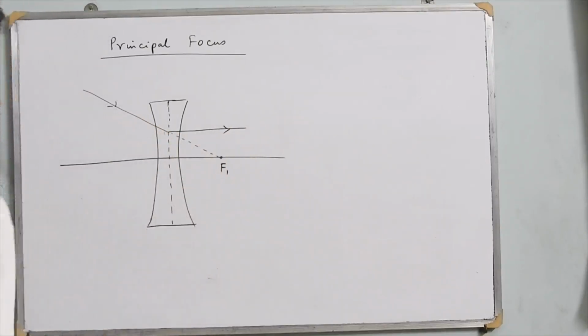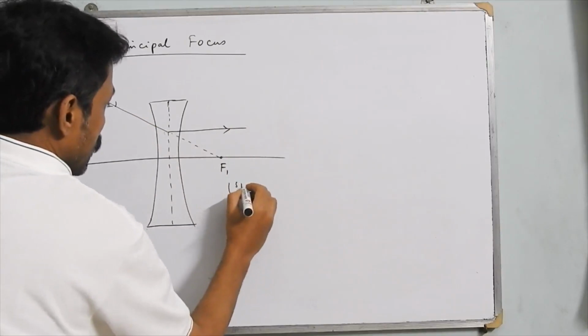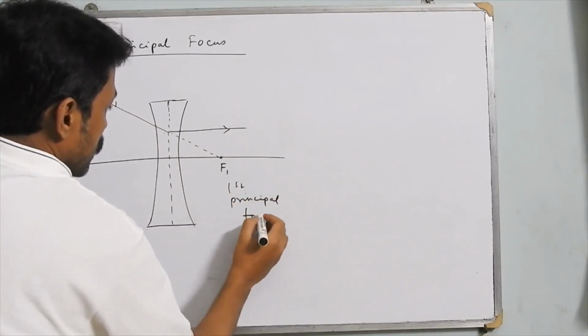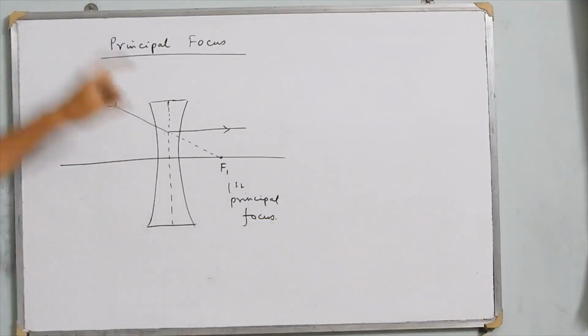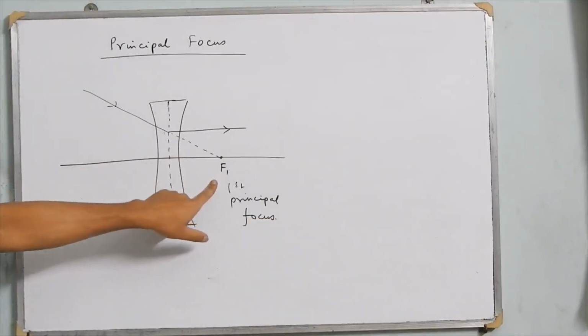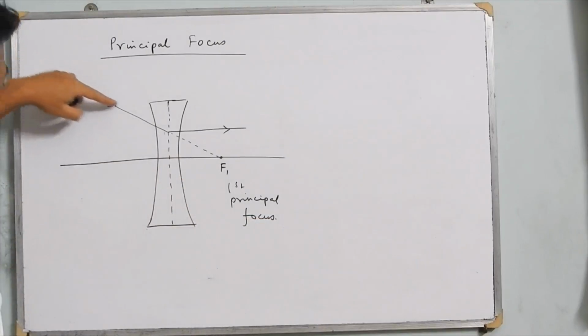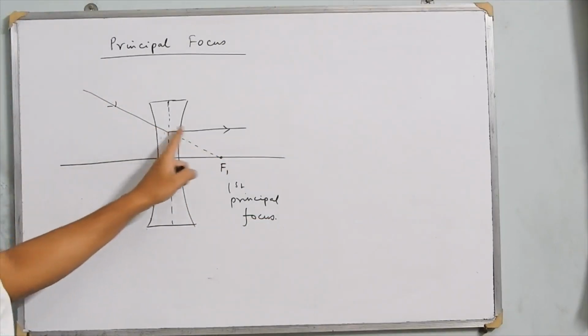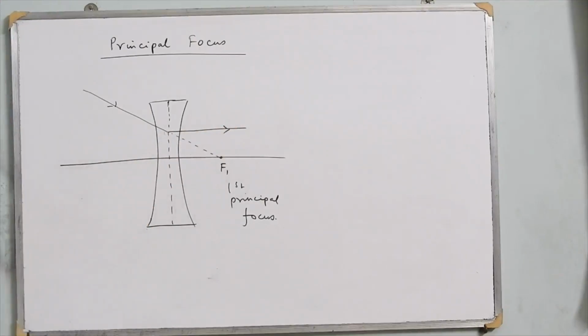Then that point is called the first principal focus. I again repeat, if there exists a point on the principal axis such that a ray of light directed towards that point becomes parallel to the principal axis after refraction, then that point is called the first principal focus.